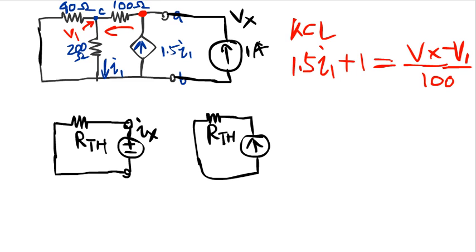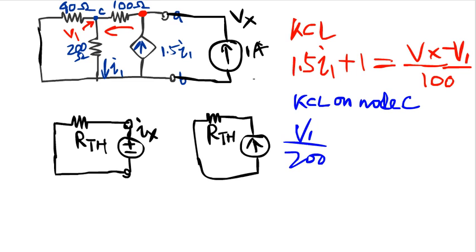A second independent linear equation that we can write is here on node C. So KCL on node C. Basically here, the current running in or out has to be equal to 0. So let's use the current running out. The current running out of the 200 ohm resistor is V1 divided by 200.